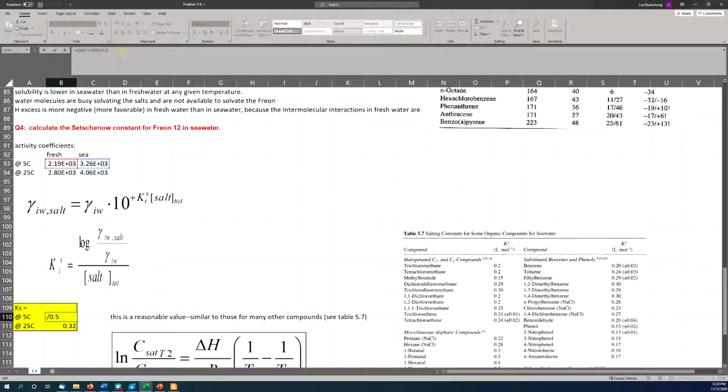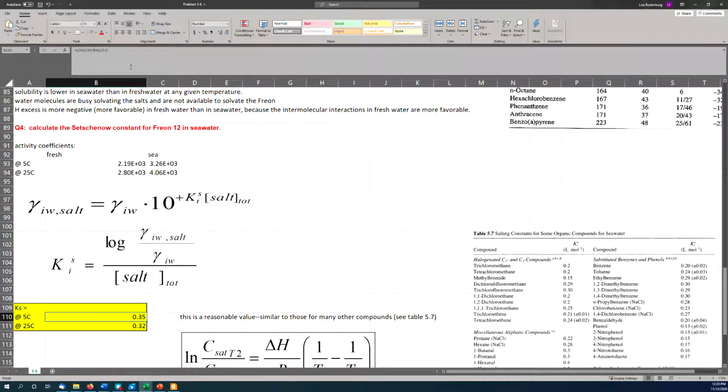And here's your number. Let's make this a little bit bigger so you can see it better. There you go. So it's again the ratio of these two concentrations divided by the molar salt concentration, which is 0.5 moles per liter for seawater. So we get a Setschenow constant of 0.35 at 5 degrees centigrade and 0.32 at 25 degrees centigrade.